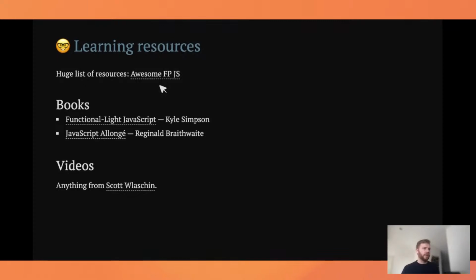It's a great place to start. Some books I can highly recommend: Functional-Light JavaScript from Kyle Simpson, who also wrote the You Don't Know JS books, if you know them, and JavaScript Allongé. I never heard of the word before. It's also a really great book about functional programming in JavaScript.